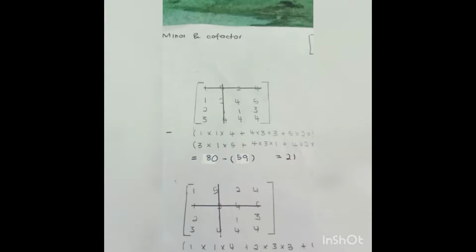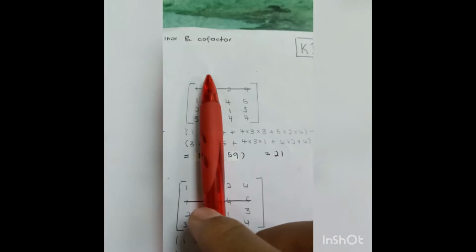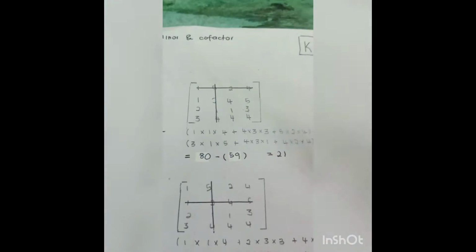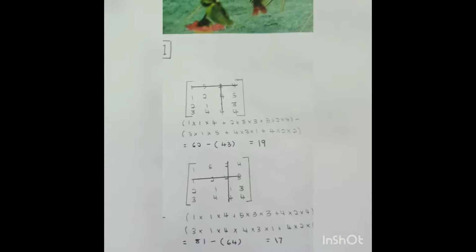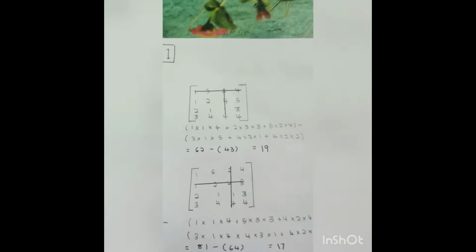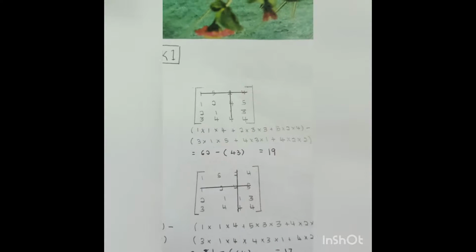Okay, for the next one, we close row 1 and we close the second column. Thus we get 21. So we apply the triangle method for further calculation.